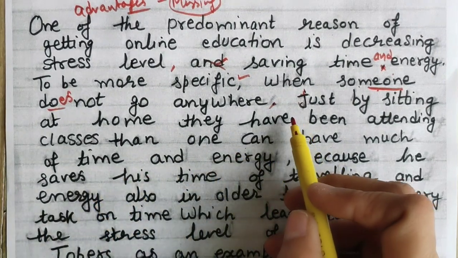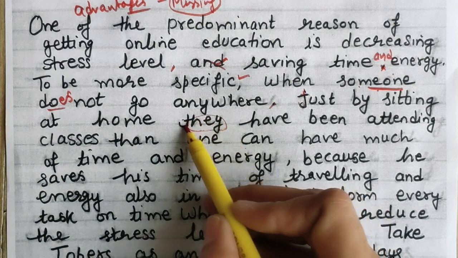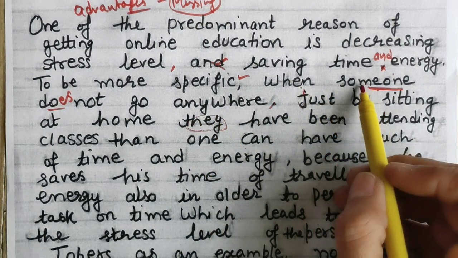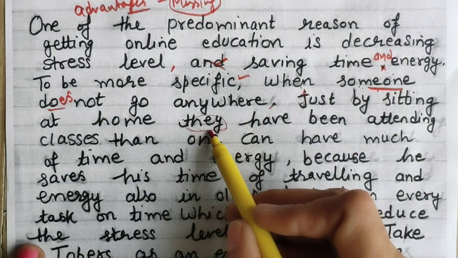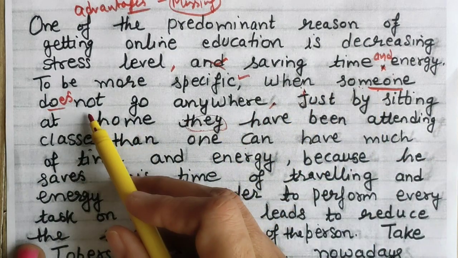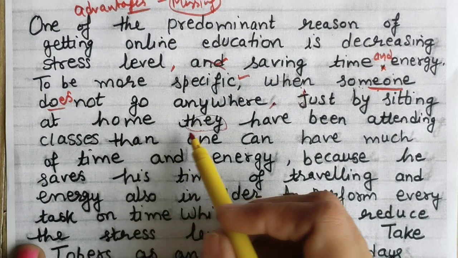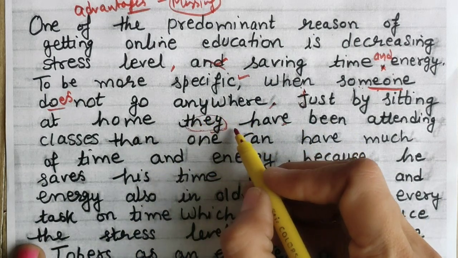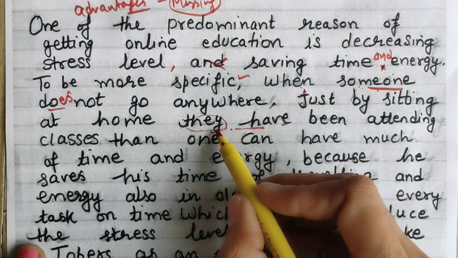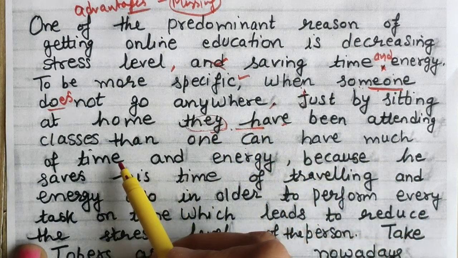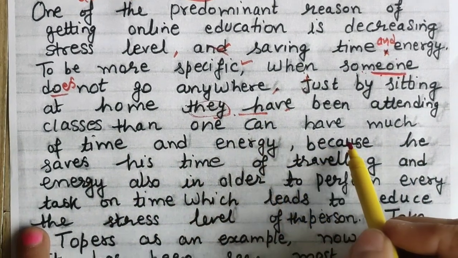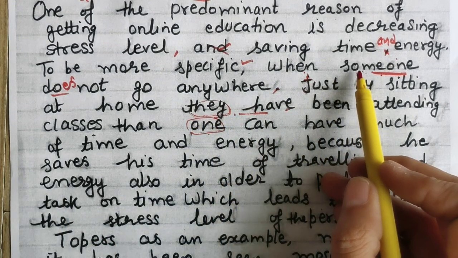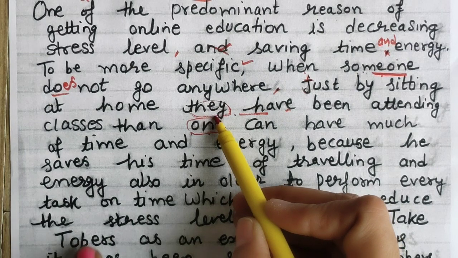Here she is writing "they", because when you start giving an example about one person, you should stick to one person. Someone does not go anywhere, just by sitting at home, they have been attending. A different word should come here. Then anyone can have, here again, one person was there, here plural is there.